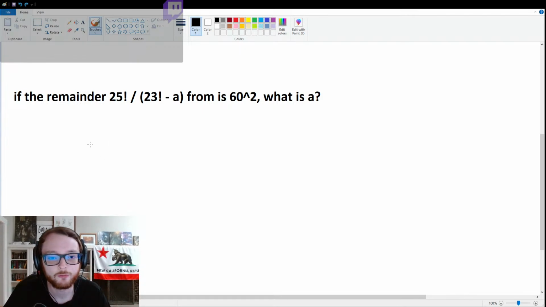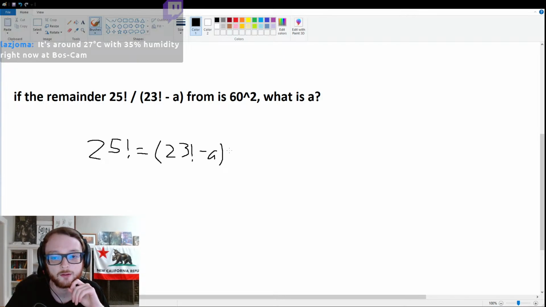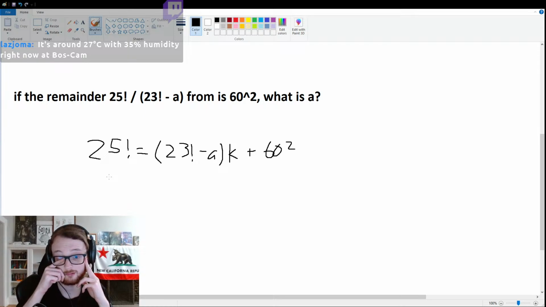I guess what we want to do is use the definition of the division, which is that 25 factorial is equal to 23 factorial minus a times some integer k plus the remainder of 60 squared. How do we work out?